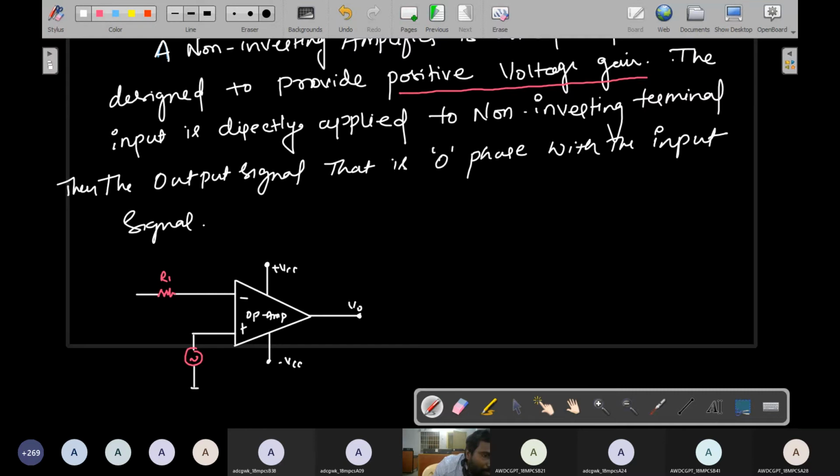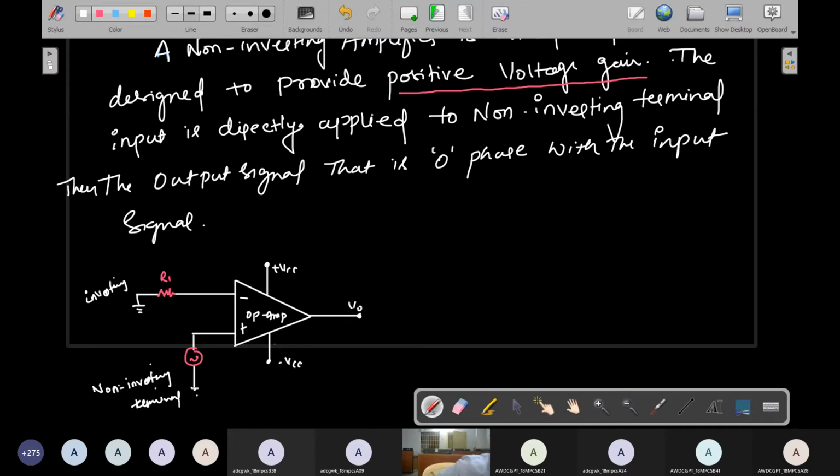I am connecting here to the ground, and here also to the ground. Right now I am not giving any signal to the inverting terminal. This is the inverting terminal and this is the non-inverting terminal.